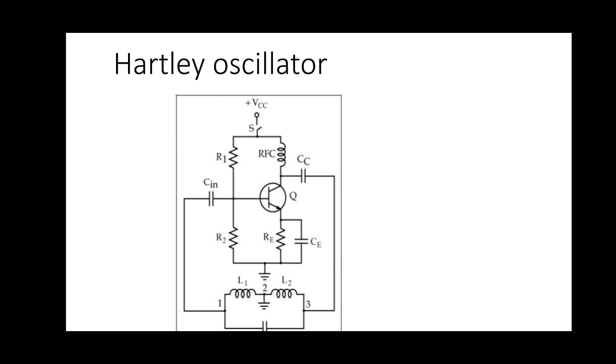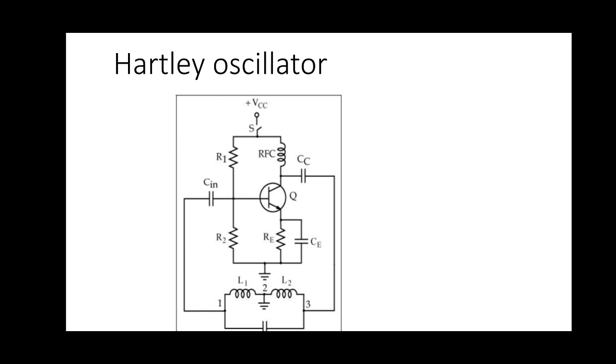For positive feedback it is A by 1 minus A beta. So the A beta value must be 1. If A beta is less than 1, we get damped oscillation. If A beta is greater than 1, we get over damped oscillation. With A beta equal to 1, we get sustained or undamped oscillations.